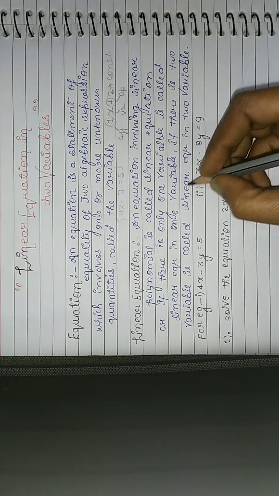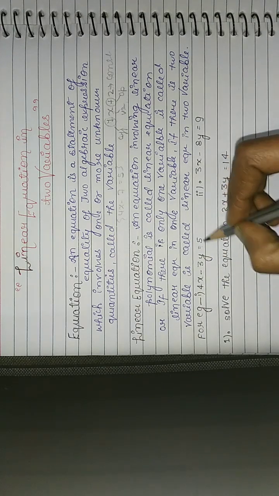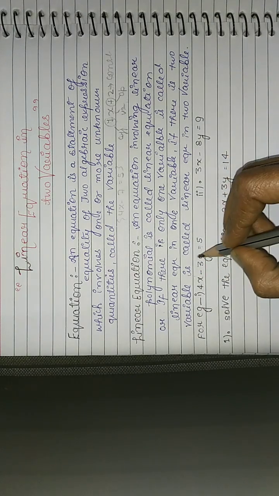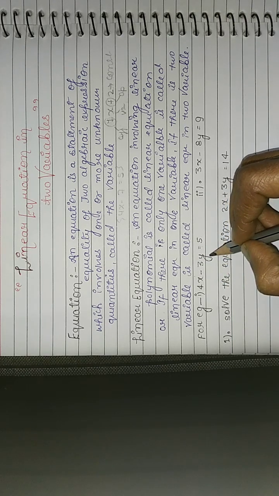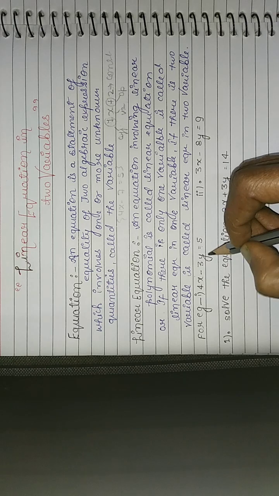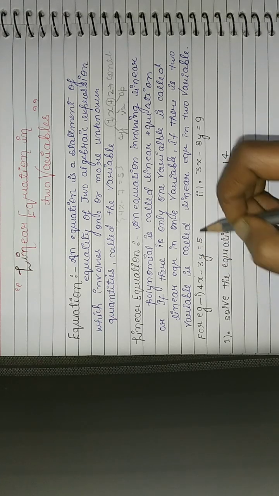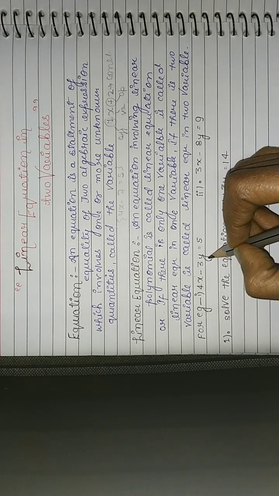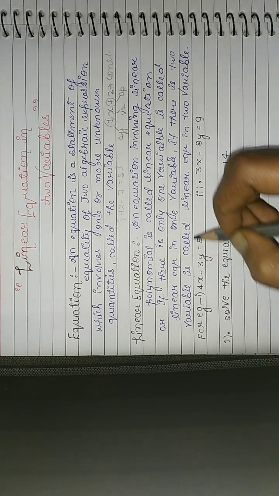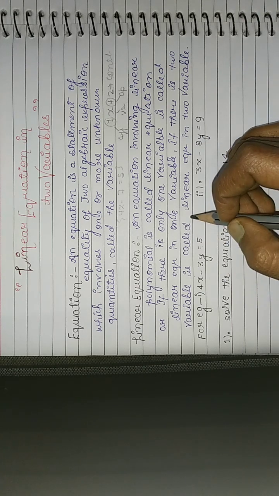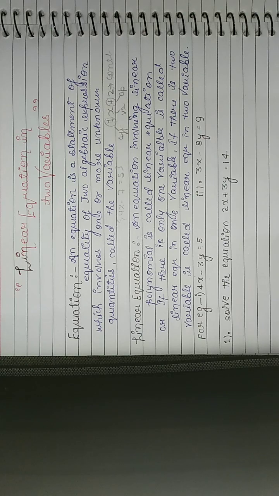If I write here 4x minus 3y is equal to 5, the highest degree of x is 1 and the highest degree of y is 1. So it simply means that if the highest power of the variable is 1 only, then this is our linear equation. I hope you all understand.